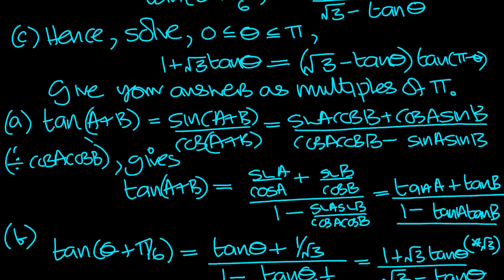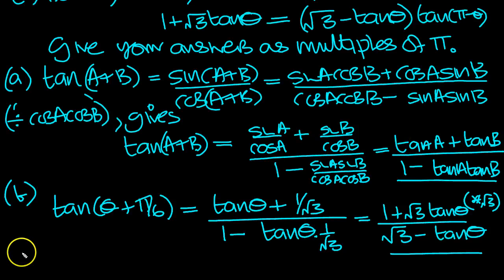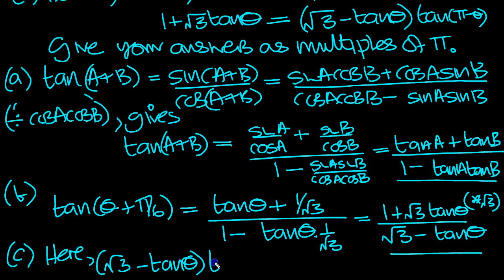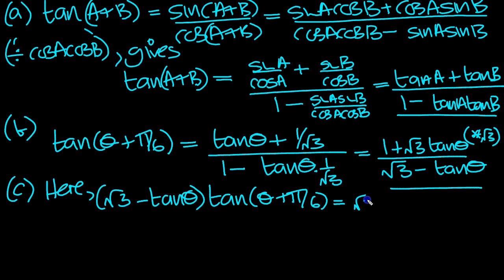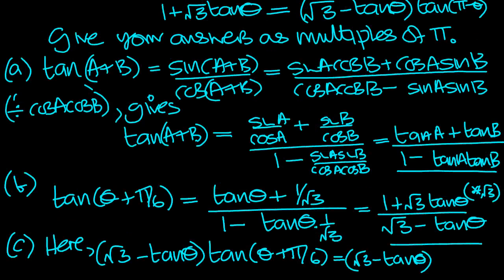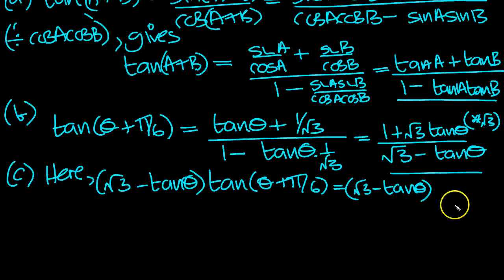Okay, hence solve for theta between 0 and pi. This equation here: 1 plus root 3 tan theta is equal to, so here, substitution gives, the 1 plus root 3 tan theta can be replaced by root 3 minus tan theta times tan of theta plus pi over 6 is equal to root 3 minus tan theta multiplied by the right hand side here, tan of pi minus theta.